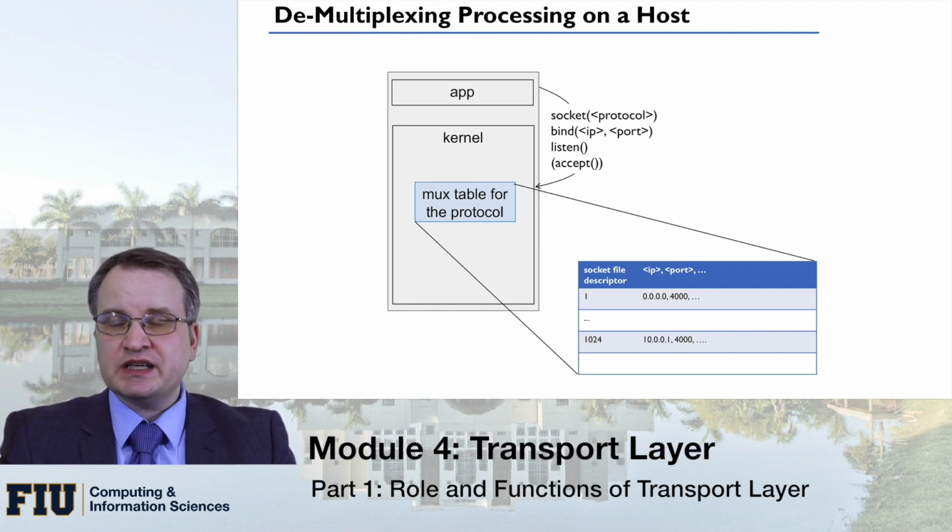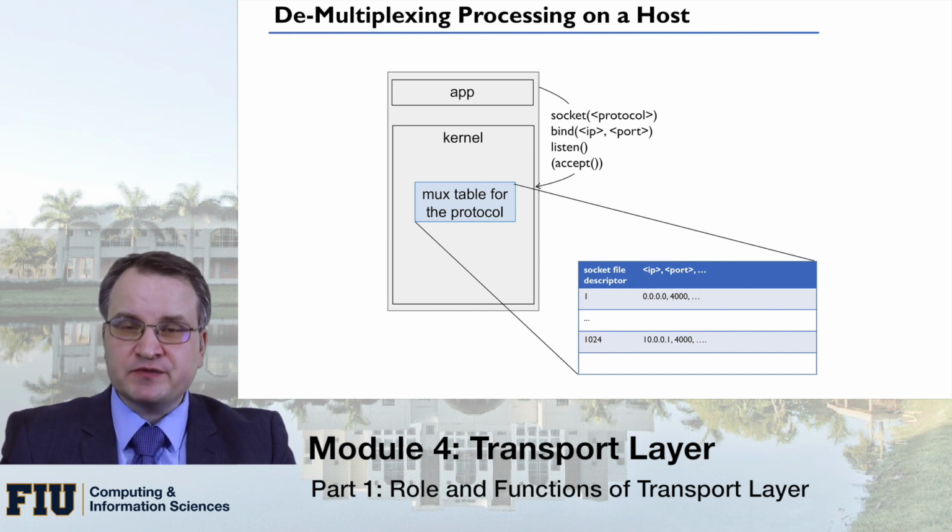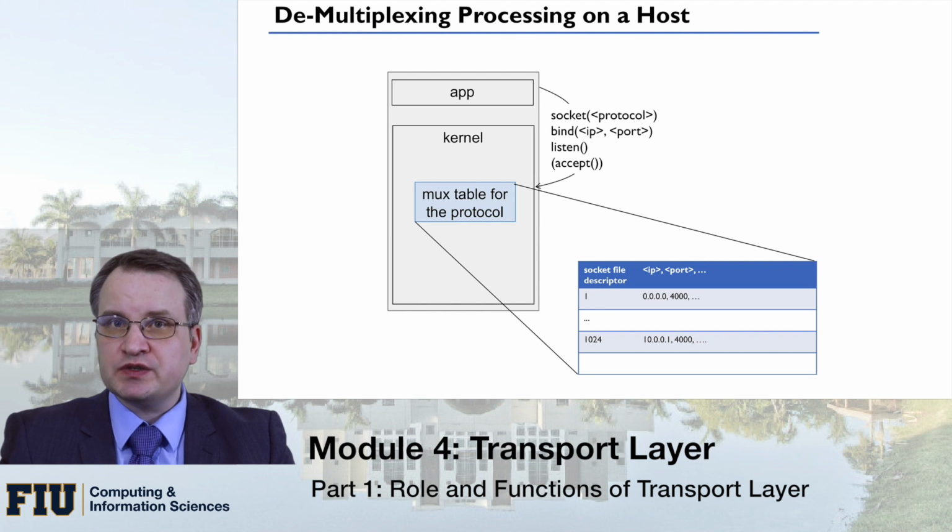This table is simply a mapping between a socket ID representing the application itself and some information. I'm trying to be vague here because it really depends on the transport layer protocol; the information contained in this table can be different. If it's an IPv4 UDP protocol, then it would be the IPv4 address and port number.